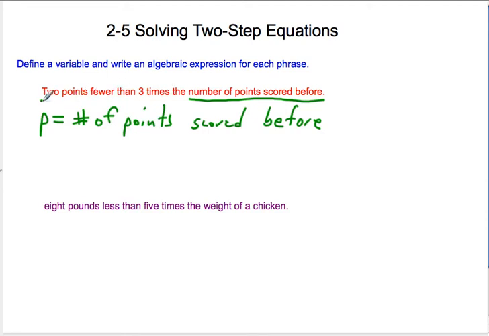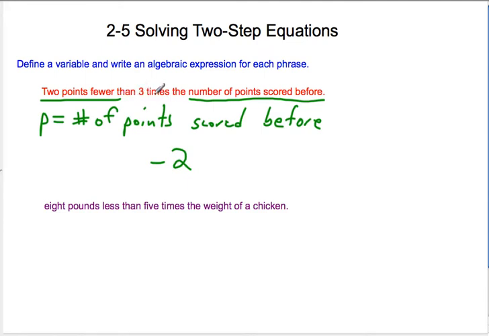So 2 points fewer than something, like if you had the number 5, 2 points fewer than that would be 5 minus 2. So 2 points fewer, just starting there, we don't know what it's fewer than yet until I read on, but I know that 2 points fewer is going to look like minus 2. That's 2 fewer than something. So now I can forget about that.